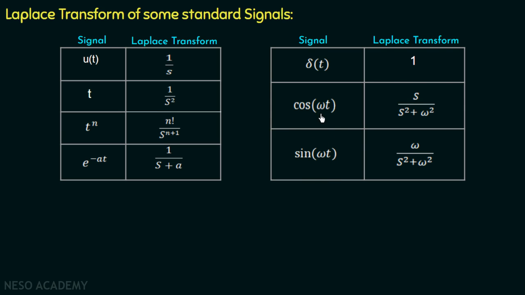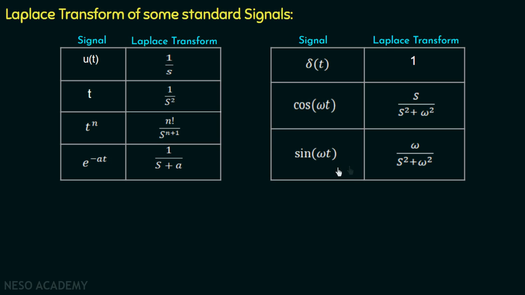We can write cos omega t as e to the power j omega t plus e to the power minus j omega t, over 2, and similarly sin omega t can be written as e to the power j omega t minus e to the power minus j omega t, over 2j. So these are the hints to calculate the transforms of these two functions, and this will be the homework for you.